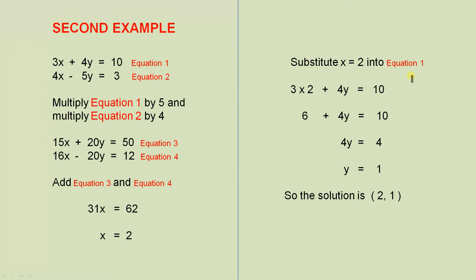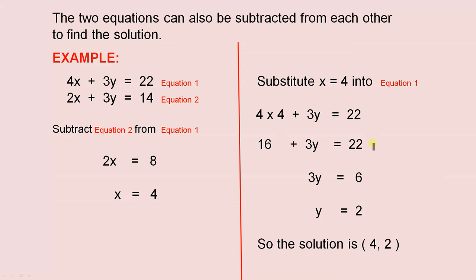So substitute x equals 2 into equation 1. 3 times 2 plus 4y equals 10. 6 plus 4y equals 10. 4y equals 4, so y equals 1. So the solution is 2, 1, and that satisfies both equations.